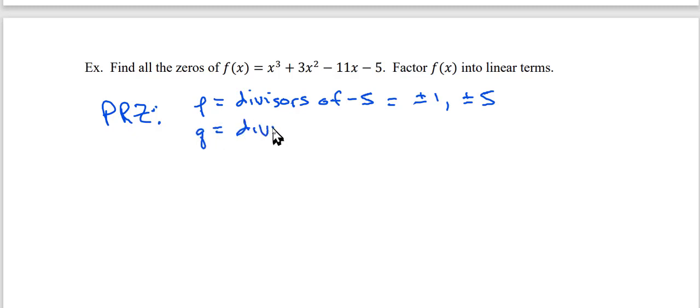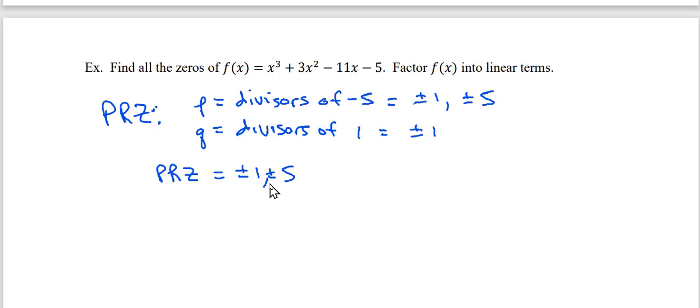Q would be divisors of the leading coefficient, which is 1, so plus or minus 1. So our possible rational zeros are, we put the 1 over the 1, we get 1. We put the 5 over the 1, we get 5. And of course, any combination of those will give both positive and negative. We have four possibilities to try.